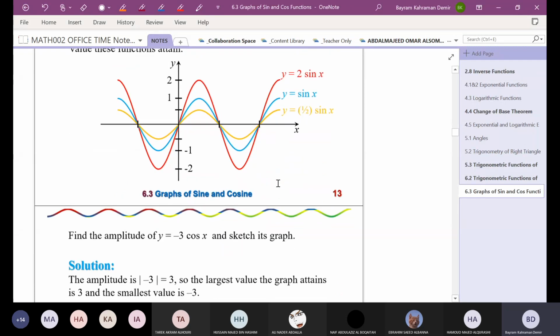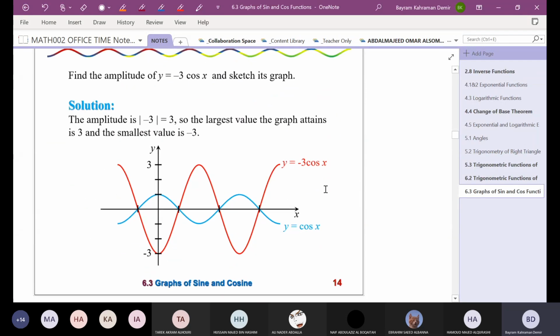In the next, we have an example: negative 3 times cosine of x. If you look at the cosine of x in the blue color, the amplitude of this new function is going to be 3.